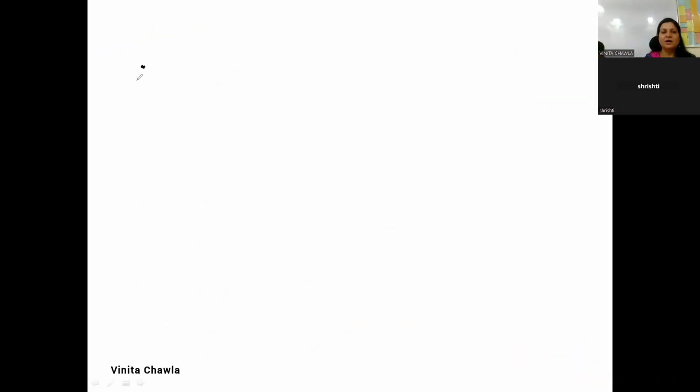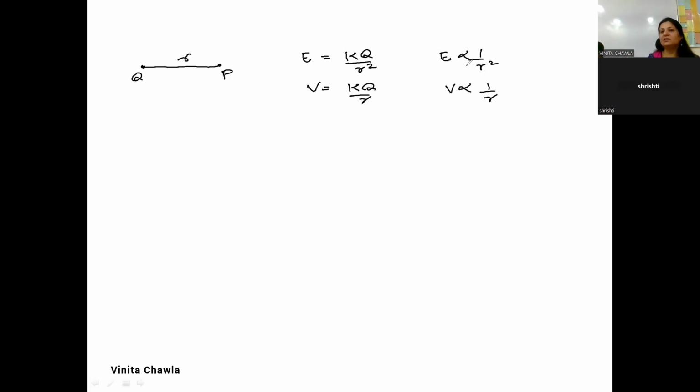So when we have a charge and we find electric field intensity at point P, which is at a distance r, then we write electric field intensity as kq by r square, and electric potential at this point is kq by r. So usually we have E inversely proportional to square of r, and V inversely proportional to r. But we have certain situations where E is inversely proportional to r and V is inversely proportional to r square.